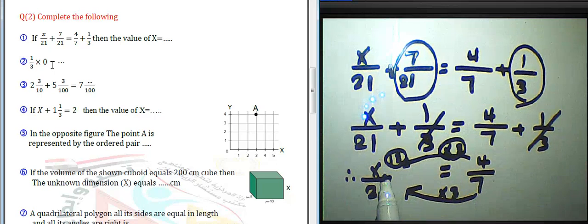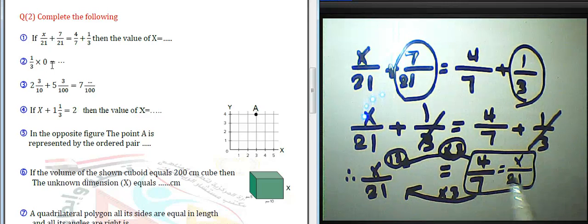Again, x over 21 equals 4 over 7. You can think of another method. 7 times 3 equals 21. 4 times 3 equals 12.